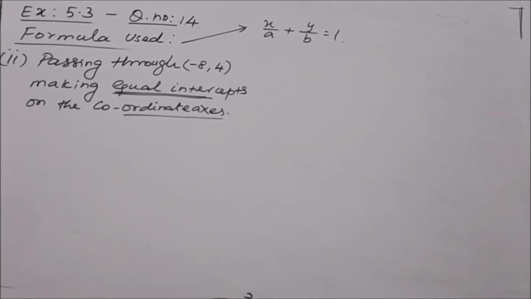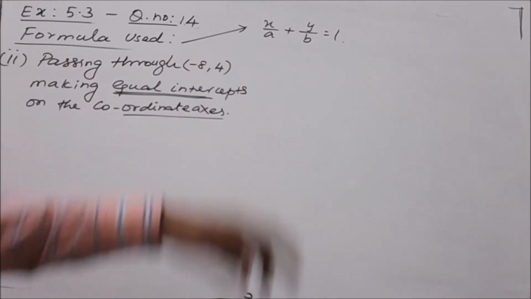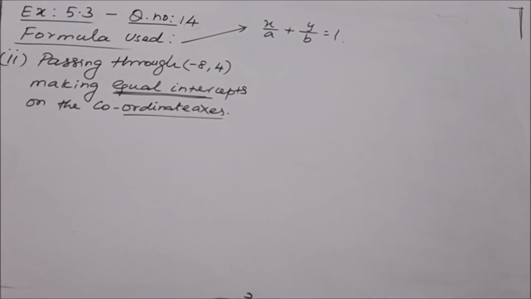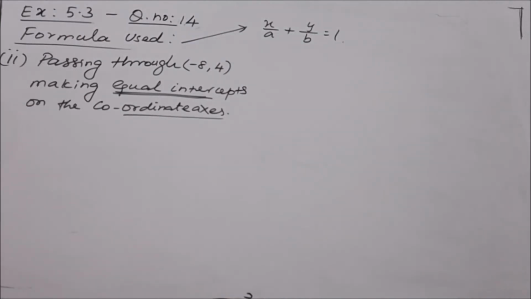Next, the second subdivision in question number 14. The formula used here is x by a plus y by b equal to 1, the intercept form. The required line passes through (minus 8, 4) and makes equal intercepts on the coordinate axes. Both on the x and y axis it makes equal intercepts.